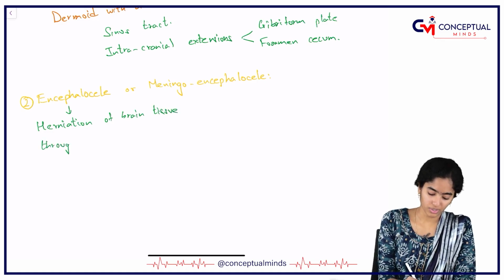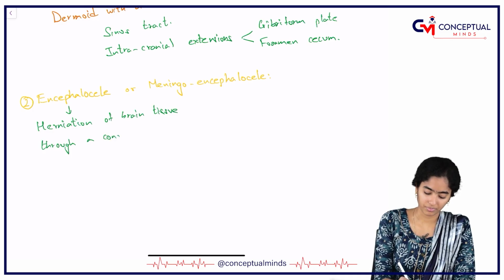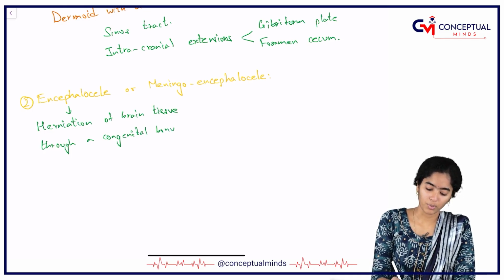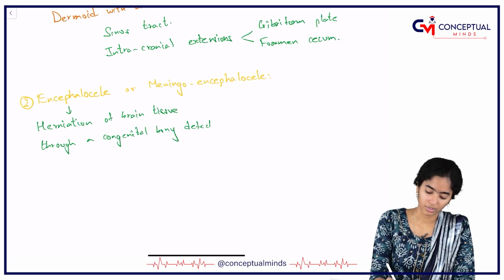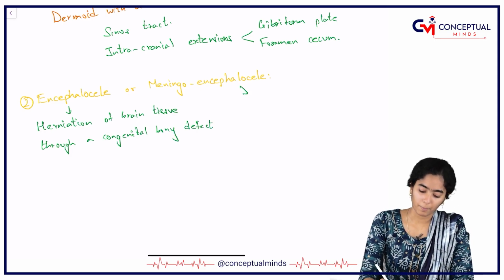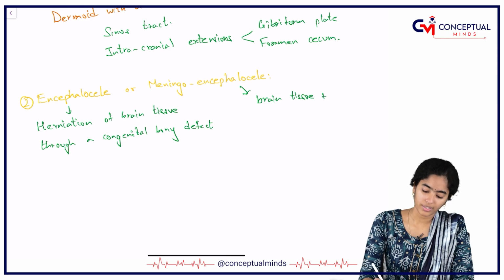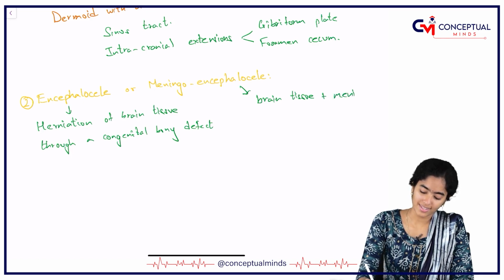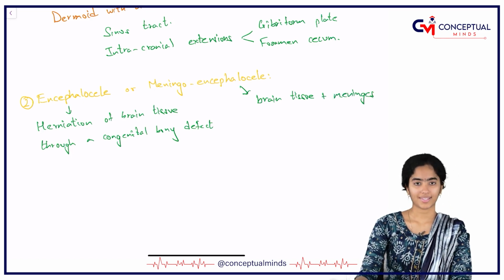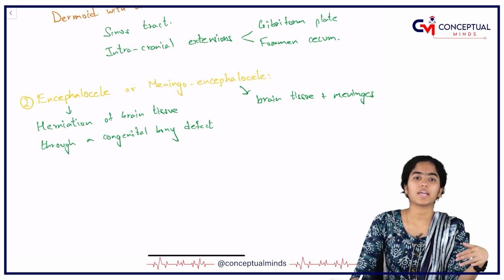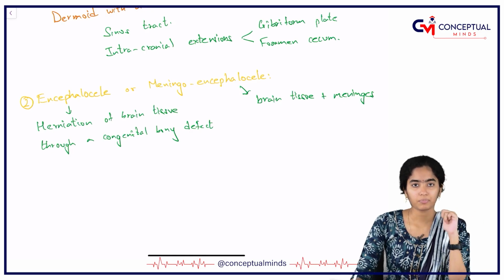Through a congenital bony defect. Now, if both brain tissue plus meninges herniate, we call it meningoencephalocele. Is that clear?